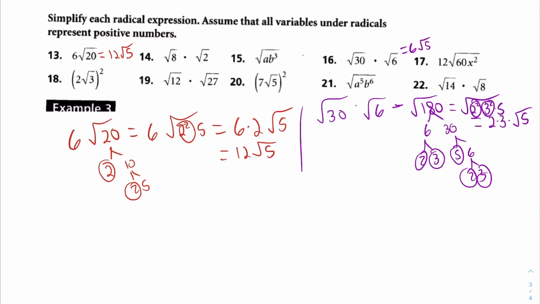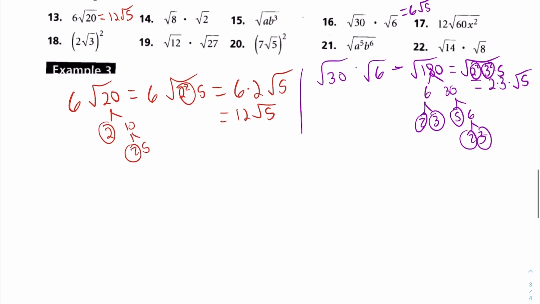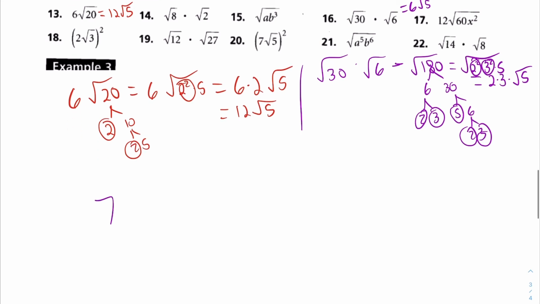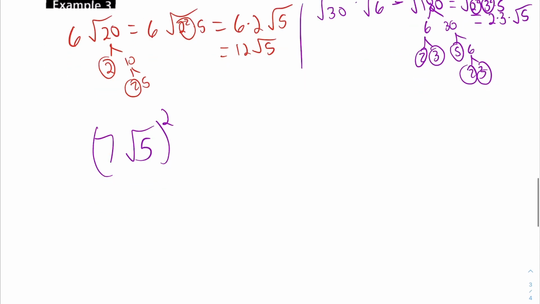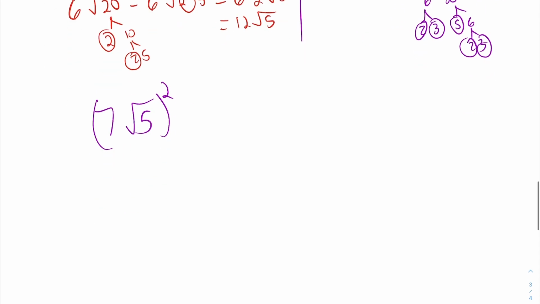I'll do number 20 because that one looks a bit different. 20 says 7 square root of 5 squared. It looks different, but it's actually not bad, but there's multiple ways you can do it. I think the easiest way to do this one would be to expand it.